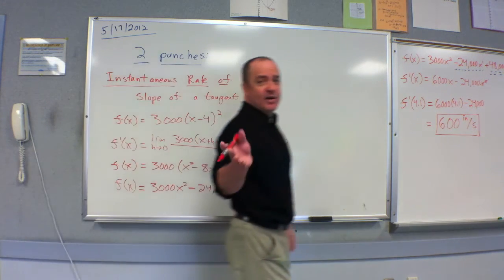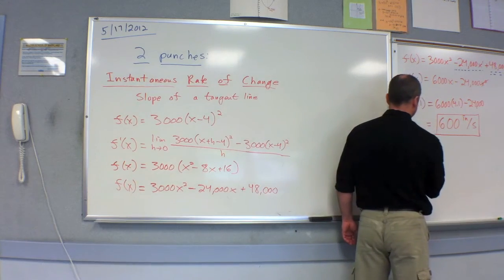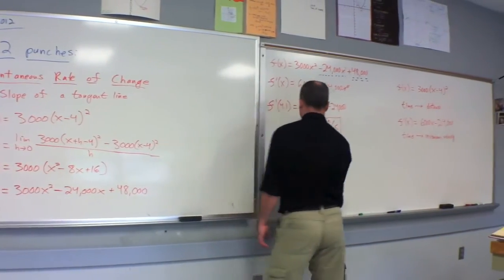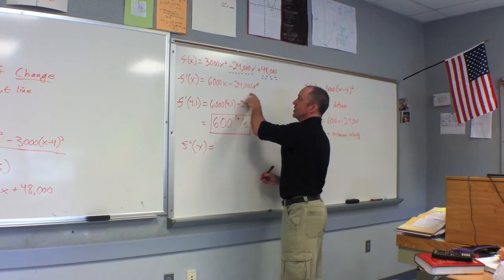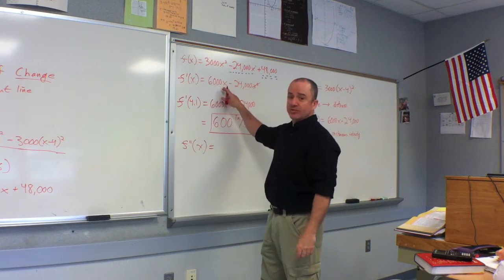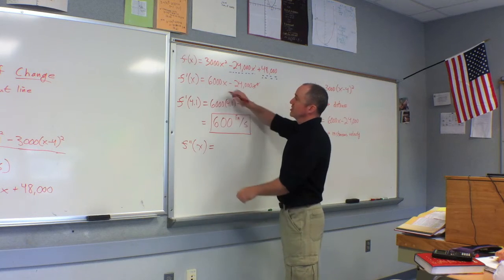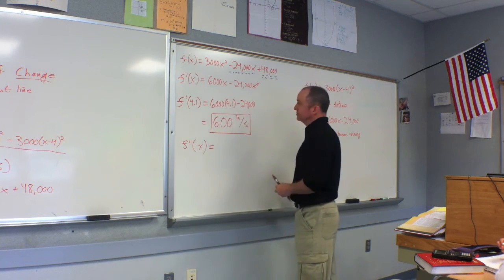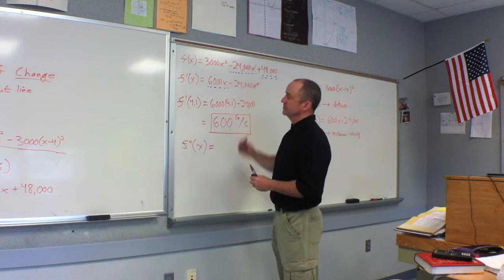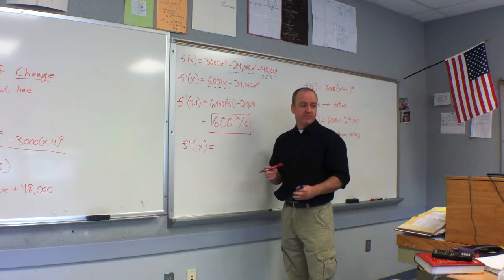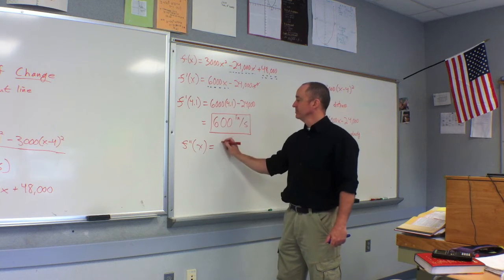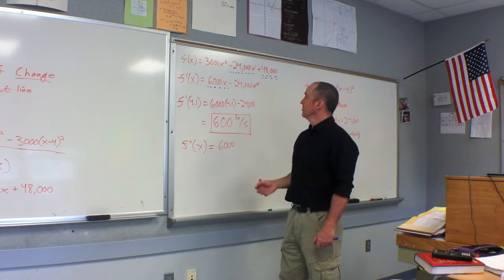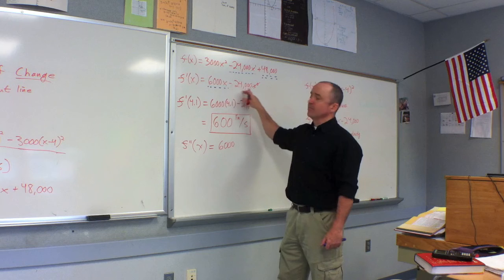Now if you wanted to know how fast my fist was accelerating at any moment, f double prime of x, you go to f prime, 6,000x minus 24,000, and take the derivative again. What's the derivative of this monomial? Take the derivative of that one with the rule we learned yesterday. So 6,000. And what's the derivative of any number?